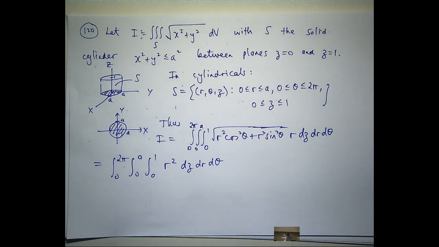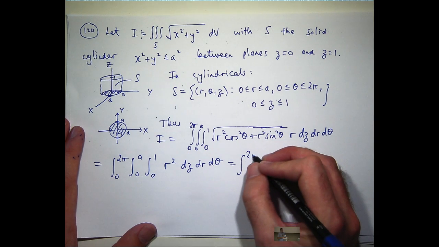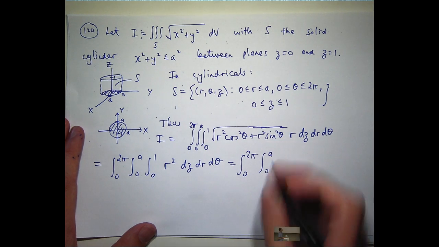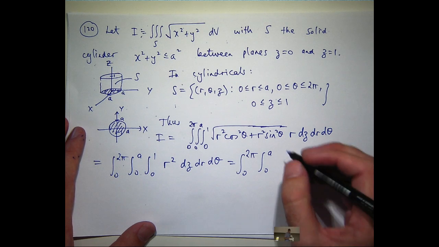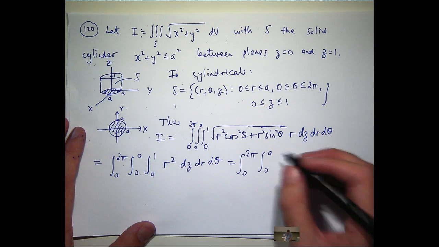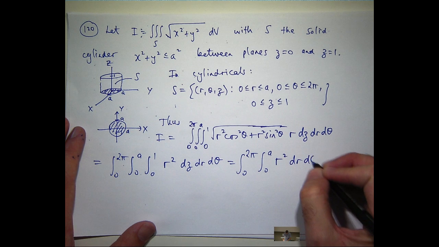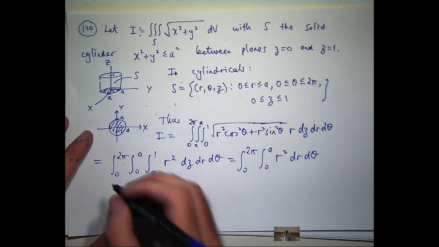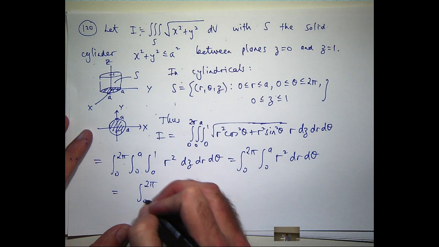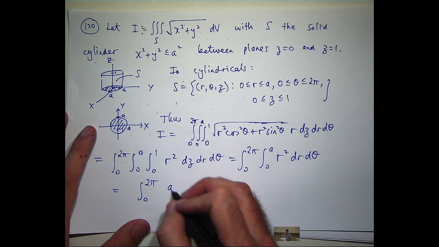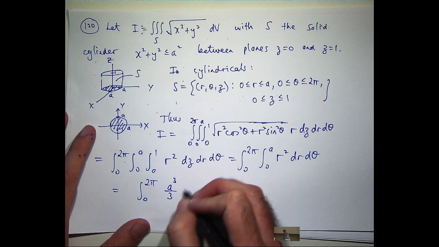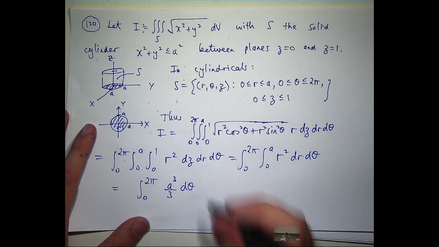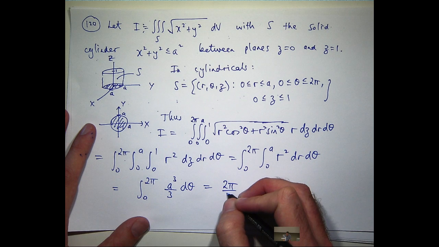So I integrate r squared with respect to z, plug in z equals 1 and z equals 0. What will I get? I'll get r squared. Then integrate r squared with respect to r. It's going to become r cubed on 3. When I plug in a and 0, I'll get a cubed on 3. And you can see this has got nothing to do with theta, so all I need to do is multiply by 2 pi.